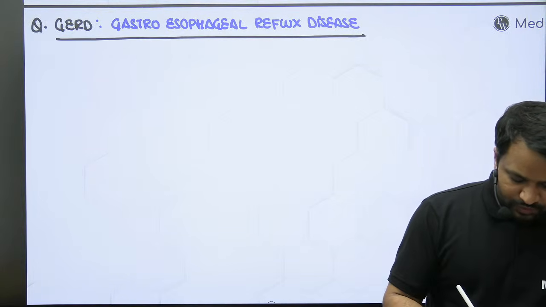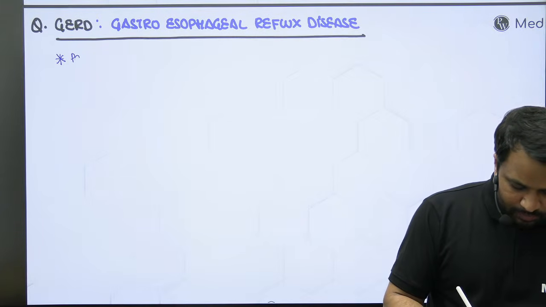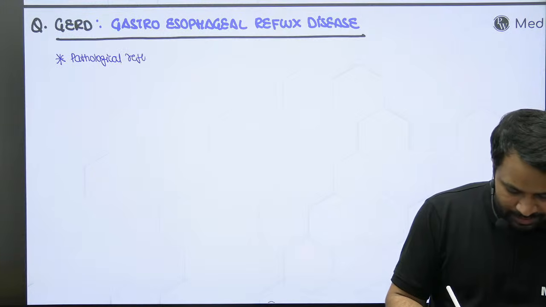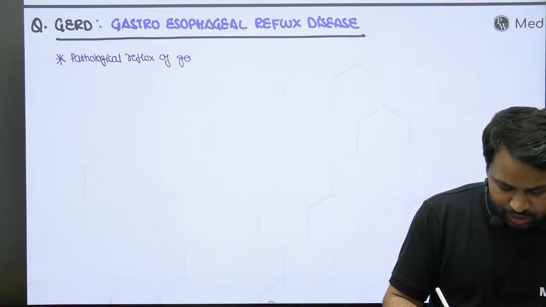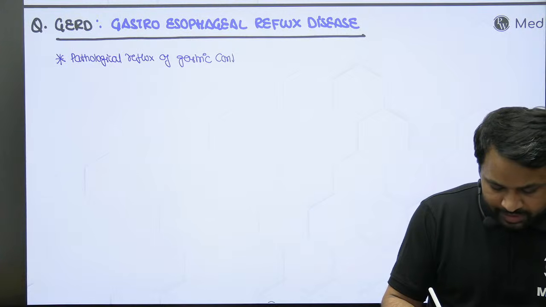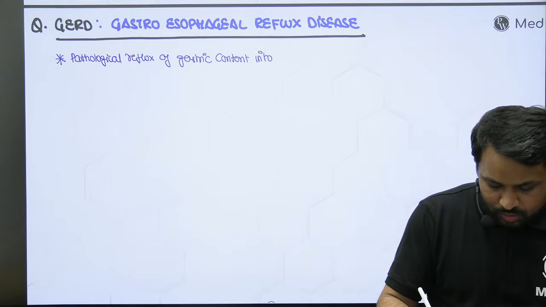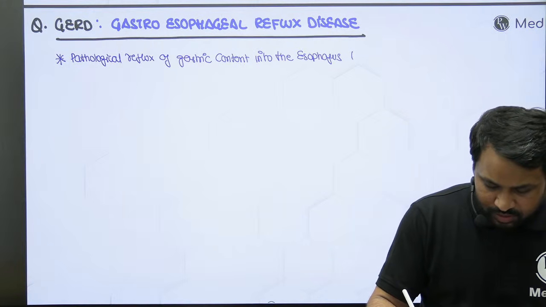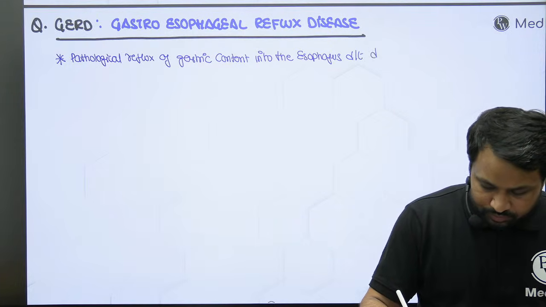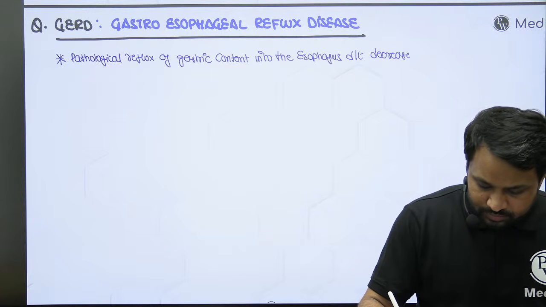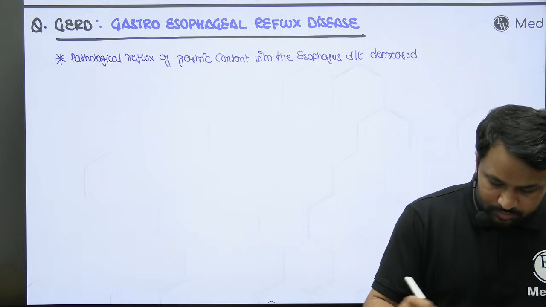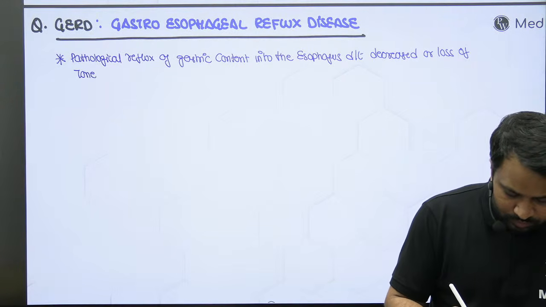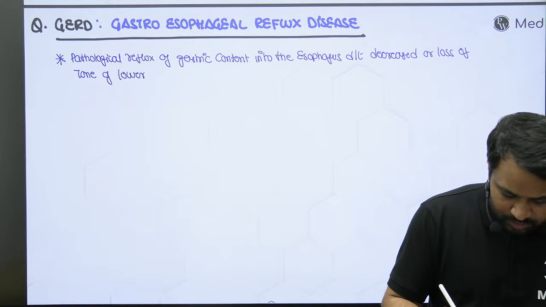Now, the definition of GERD is, it is defined as pathological reflux of gastric content into the esophagus due to decreased or loss of tone of the lower esophageal sphincter.